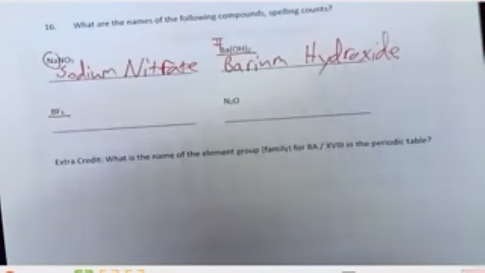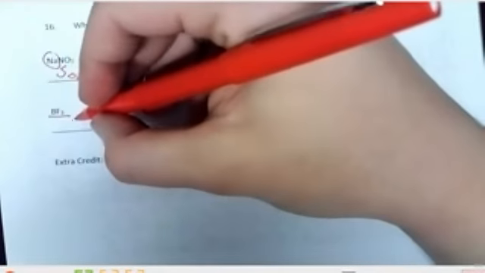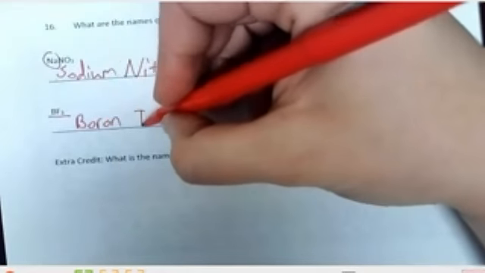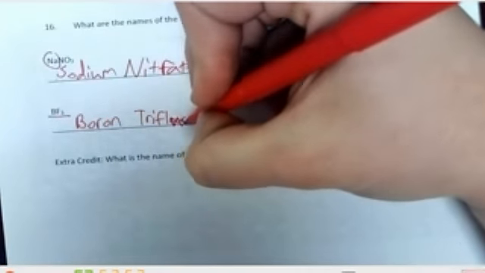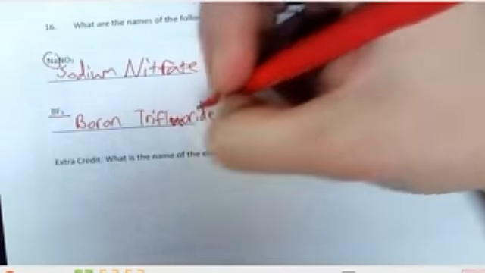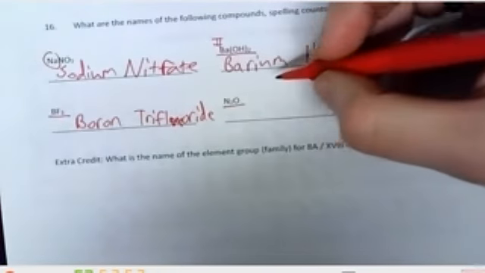This one, well, it's kind of a weird one. You can count that as a non-metal or metal. Typically we call that boron trifluoride, fluoride. And this one is definitely 2 nonmetals.